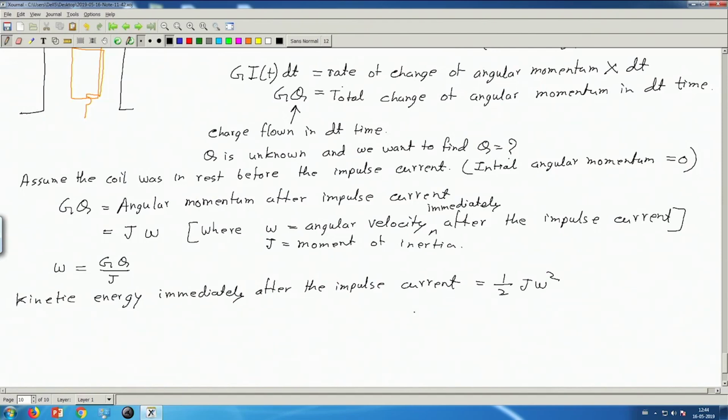Now, what will happen? The charge has stopped, the current has stopped, but this current has set the coil into motion.